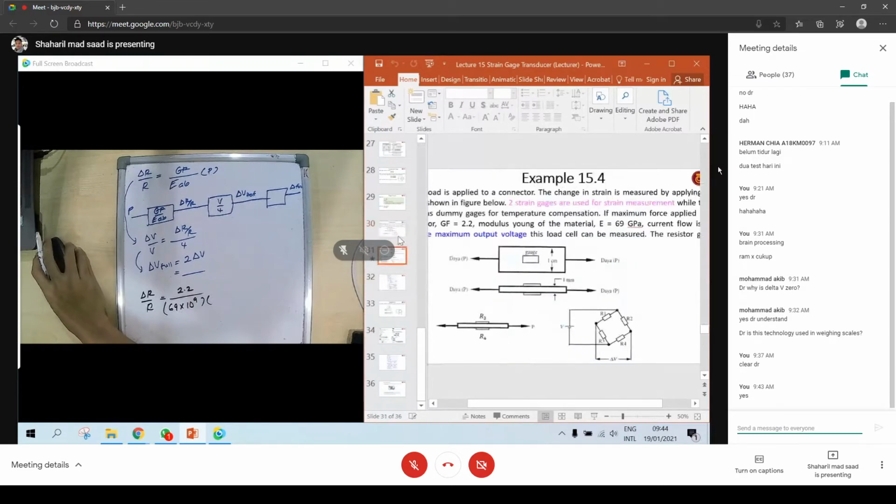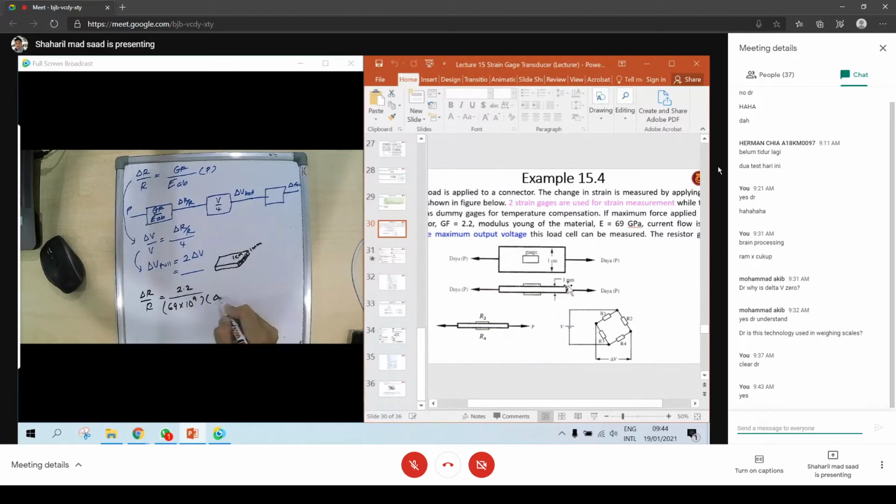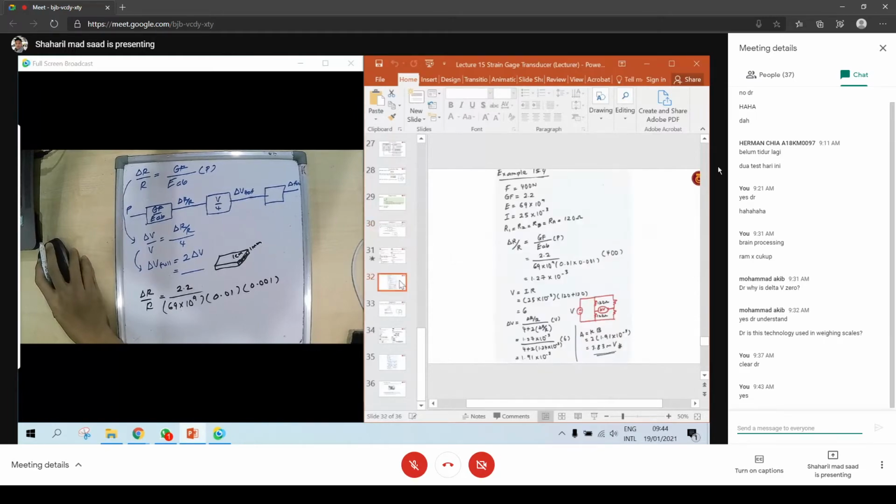The area looks like this, if this is your rod. So the area is this one: 1 cm and the other one is 1 mm. Then this one 0.01, 0.001. Okay, done.